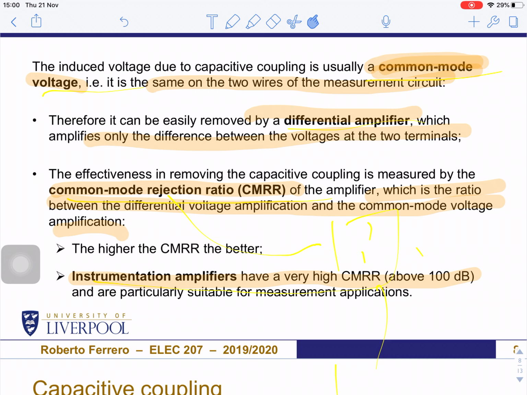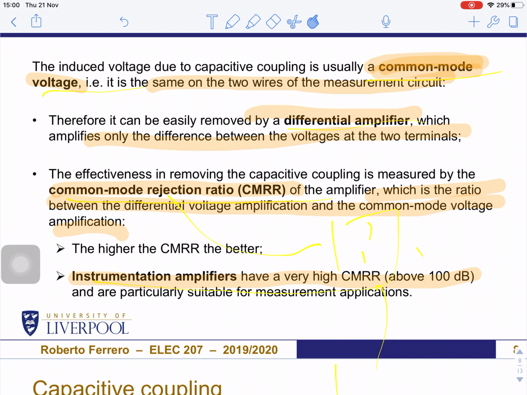Therefore, it can be easily removed by the differential amplifier. That's very common, because this line has some effects, and that line has some effects, and we can only look at the differential of these two lines, using a differential amplifier.